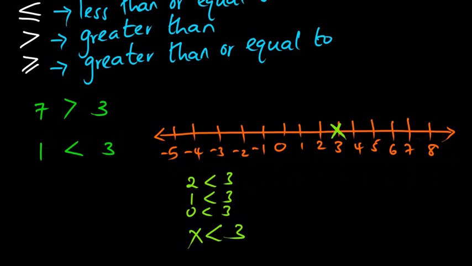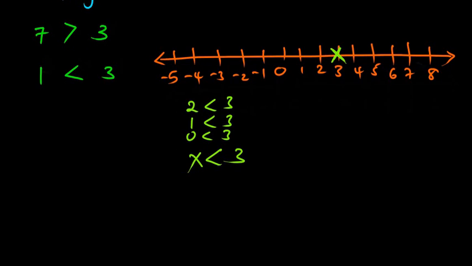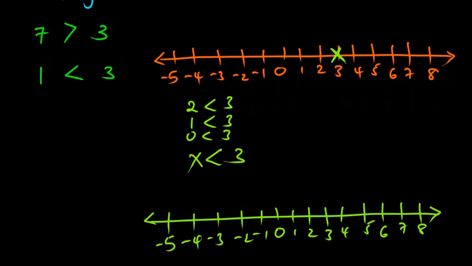Now how do we represent it on a number line? Let me have another number line very quickly. We are going to draw a circle at the point 3, and we call it an open circle.